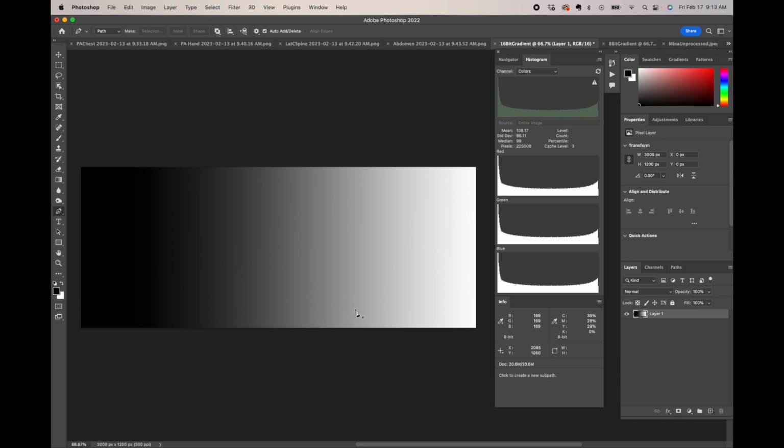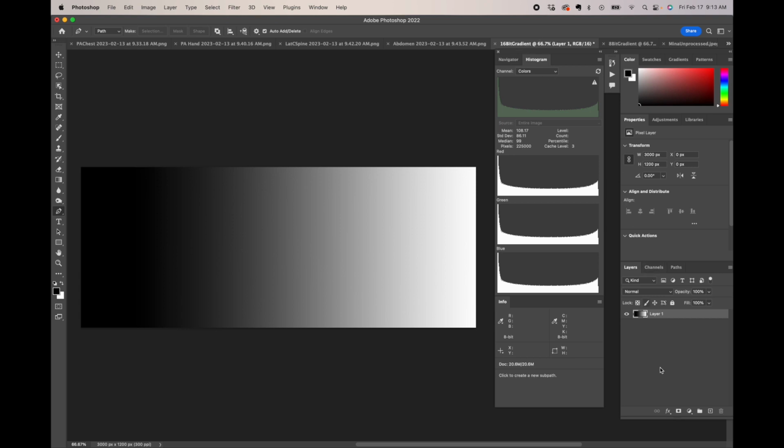But our eye, we can't distinguish that many different tonalities of gray. We just can't. Nor can we see it on a computer monitor. So that leads people to think, well, if you can't even see it, why does it matter? Well, I'm about to show you.